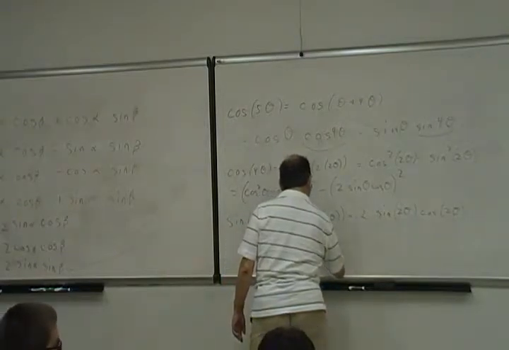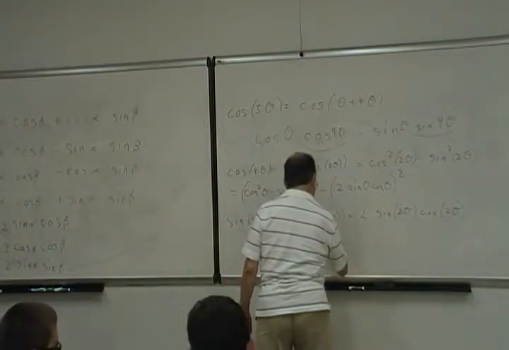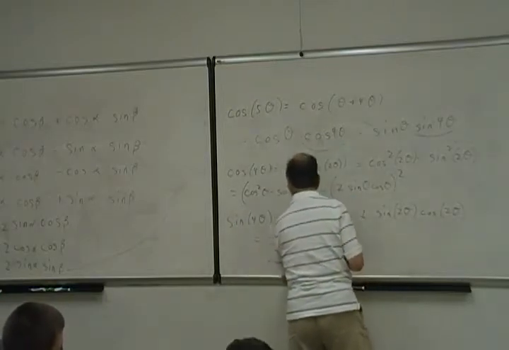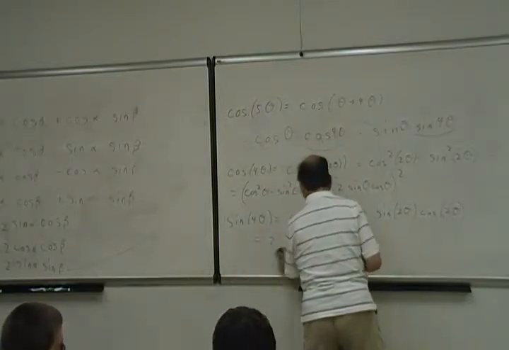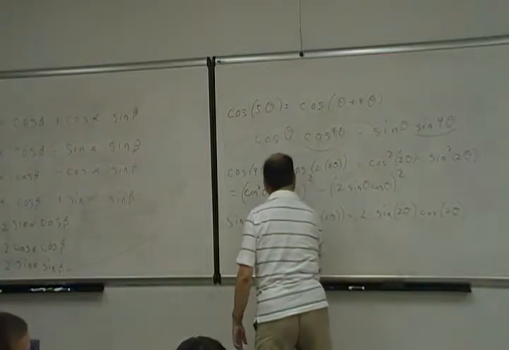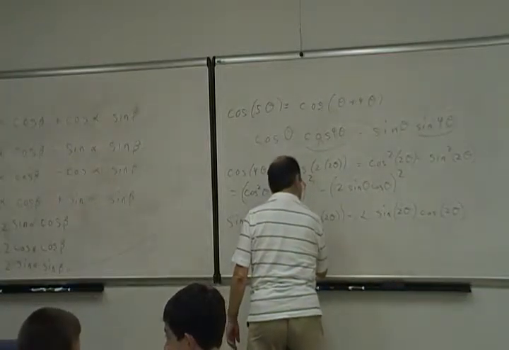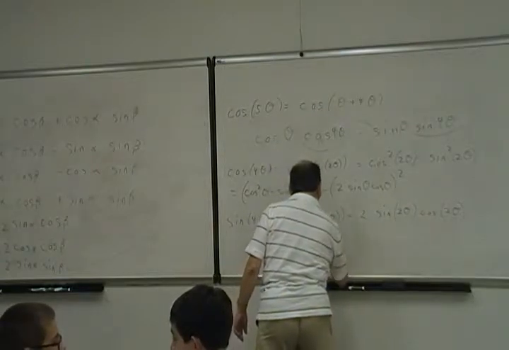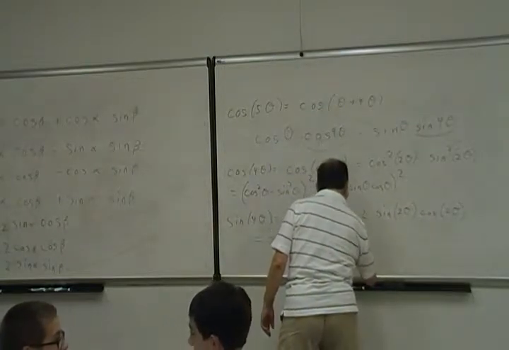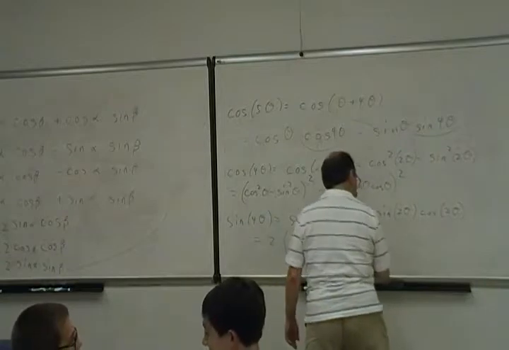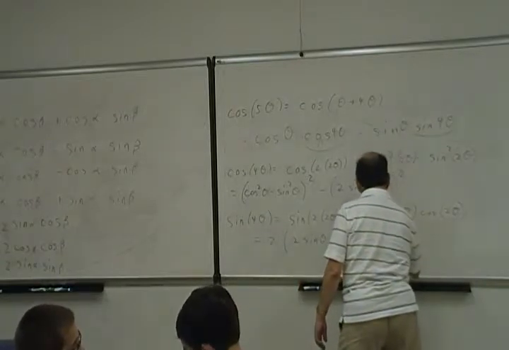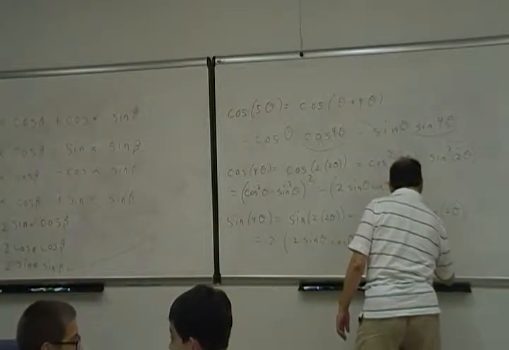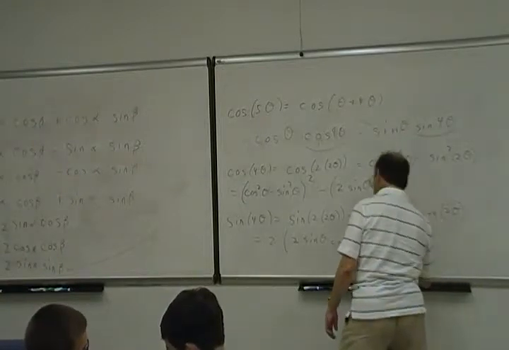No, that's not that one. I'm doing it wrong. Sine 2 theta is 2 sine theta cosine theta. And then the cosine 2 theta is cosine squared theta minus sine squared theta.